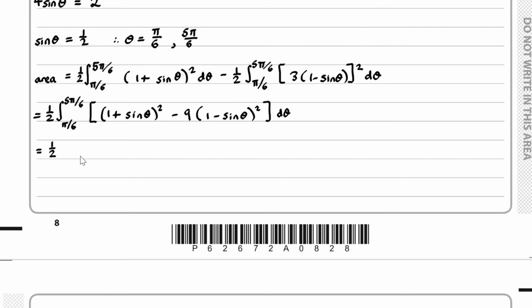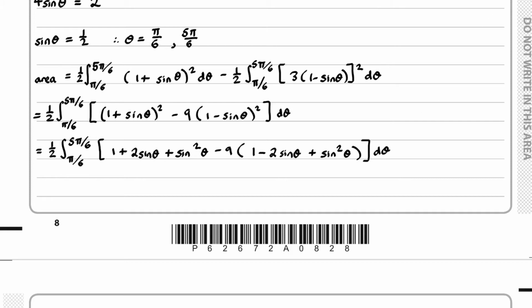So we've got 1/2 times by the integral between pi over 6 and 5 pi over 6 of this bit inside the big bracket, so we've got 1 plus 2 sine theta plus sine squared theta minus 9 lots of 1 minus 2 sine theta plus sine squared theta.